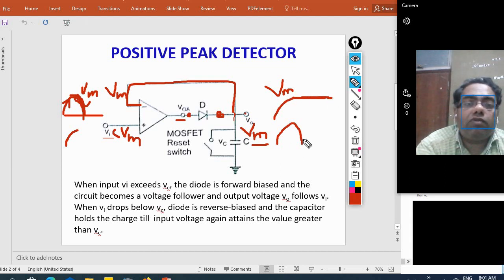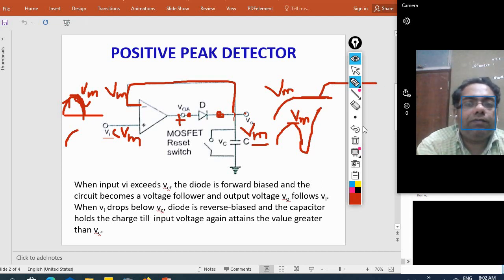Yes, if the waveform is such that the next peak is higher, then when Vi exceeds this Vm, it will again become positive and trace the input till it reaches the new maximum, and then again it will hold. My waveform can be arbitrary. It can happen that in the next cycle the peak is higher than the previous one.